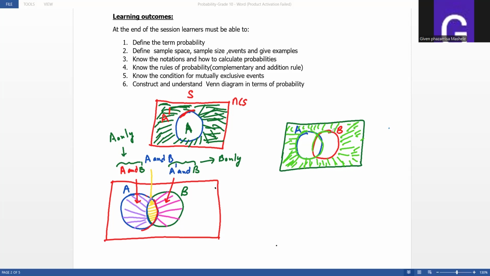There is the B. But you see now we're talking about outside of both A and B. So this shaded area here is where there is no A and there is no B. So it's not A and it's not B. It's neither A nor B. So you need to be able to know this. But how about this part here?